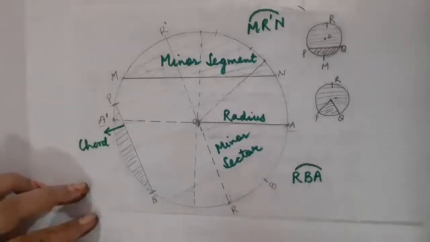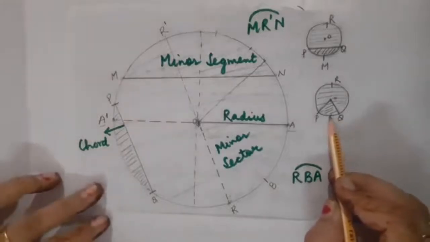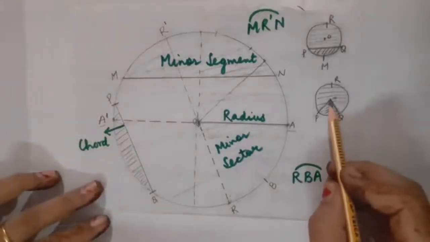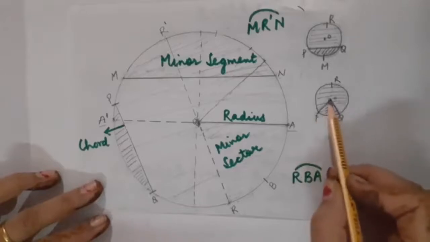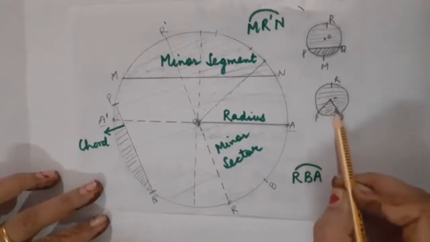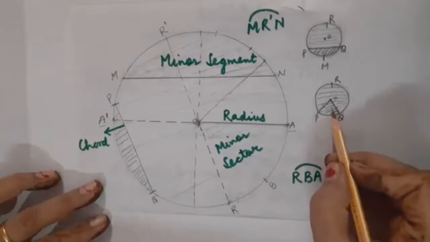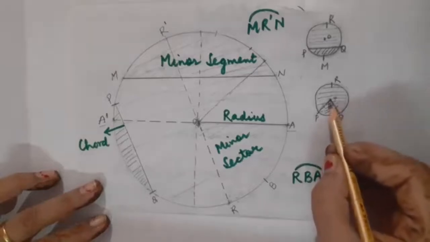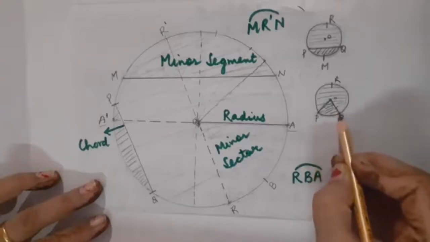Correct? So let us understand this concept with this smaller circle. Here you can see that this is center point O. Here I have taken 2 points P and Q. I joined O to P and then O to Q. You can see that they both are radii. So children, how will you give the name to the minor sector? Sector is that region which is enclosed by two radii and one arc.